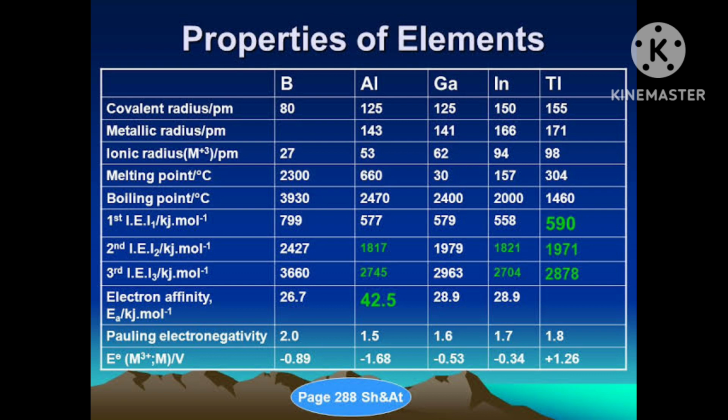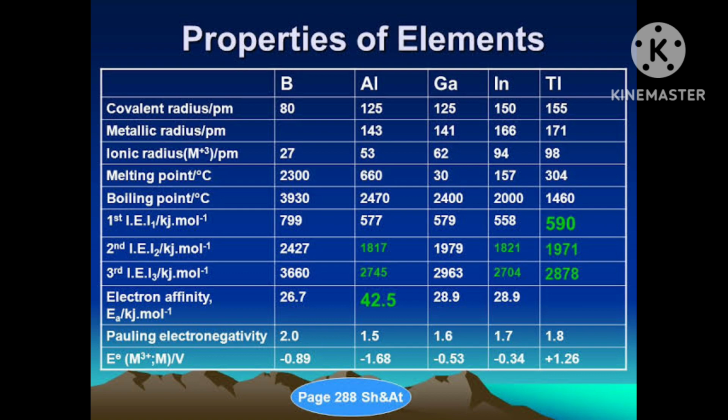First, atomic radii. On moving down the group, for each successive member, one extra shell of electrons is added, which means a new orbit will be opened as you go down.